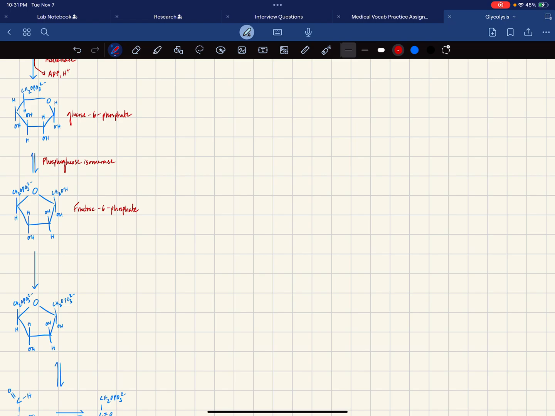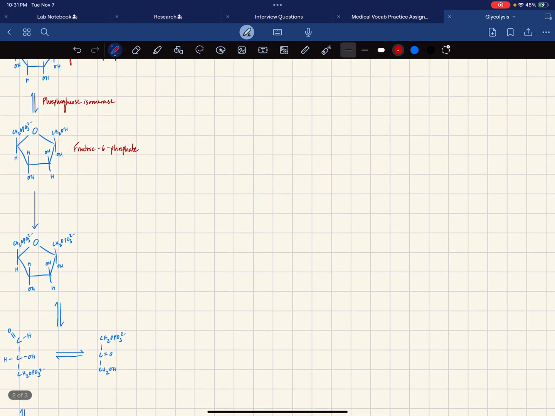And our next enzyme, this is the major regulatory enzyme of glycolysis. This is the one that is usually associated with regulating this whole process. So this is a really important one. This one is phosphofructokinase.